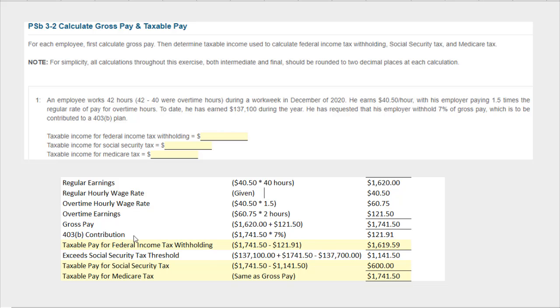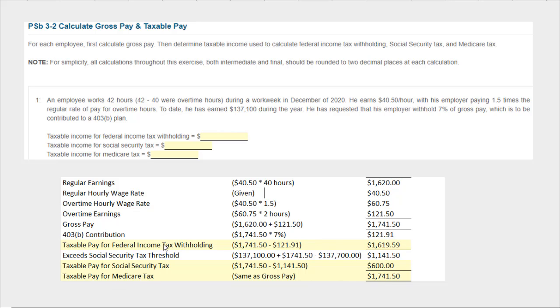So just to note again, the 403B retirement contribution, $121.91, that was not taxable for federal income tax. However, it is taxable for Social Security tax and Medicare tax. That's why the amount of the contribution to the retirement plan, it's in this number, and it is subject to these taxes. All right, it's part of the taxable pay for Social Security tax and taxable pay for Medicare tax.